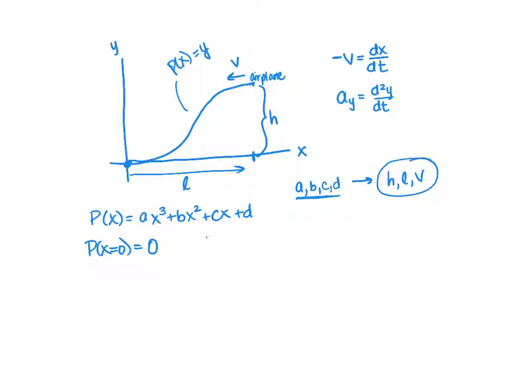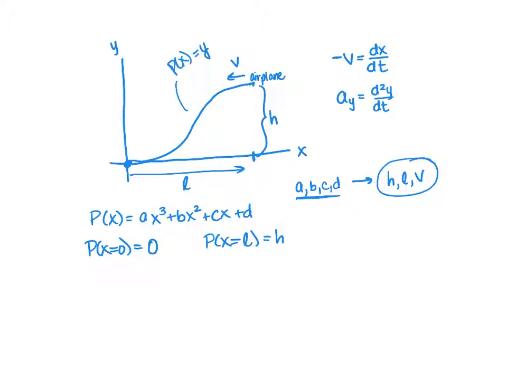And the other thing that we know is that when X is equal to L, the Y value is H. So we're going to use these two conditions to figure out some of these constants.